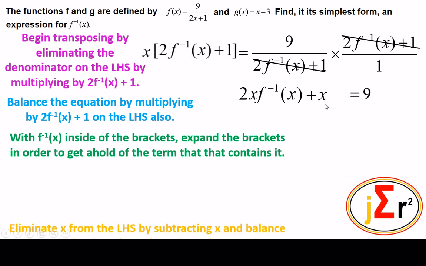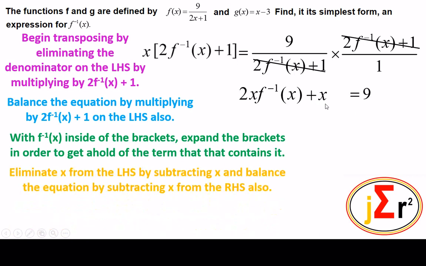We will eliminate that term immediately. Eliminate x from the left-hand side by subtracting x, and balance the equation by subtracting x from the right-hand side also. So what we have here is plus x. We need to do the opposite of plus x in order to eliminate this plus x from this left-hand side. Minus x, so we will minus x from the other side also.